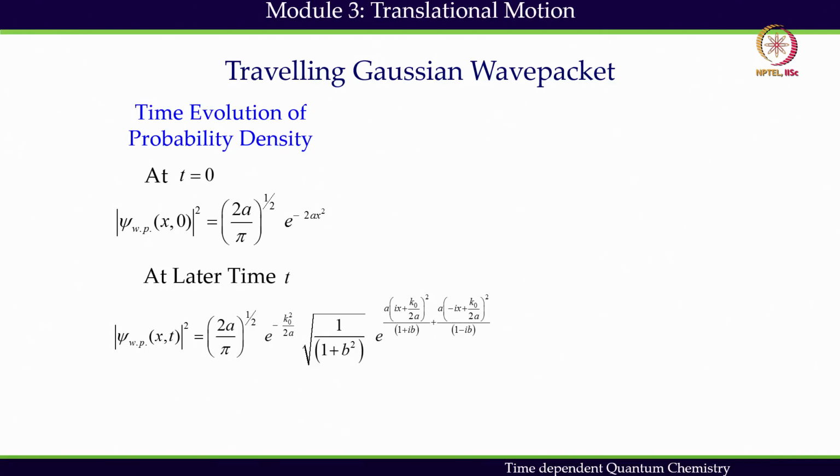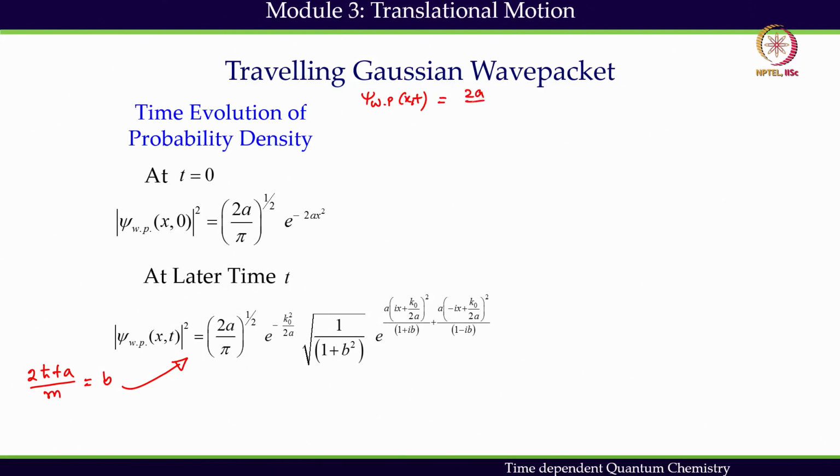In order to find out the density, we will assume again, as we did before, 2 h cut t a by m equals b. If we assume that, then I will be able to write down the density in the following form, because I get this wave packet x t as follows.